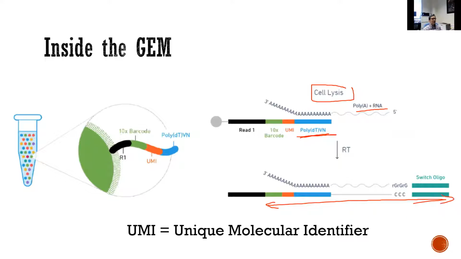UMI stands for unique molecular identifier. Each mRNA molecule will be identified by this unique barcode called UMI.